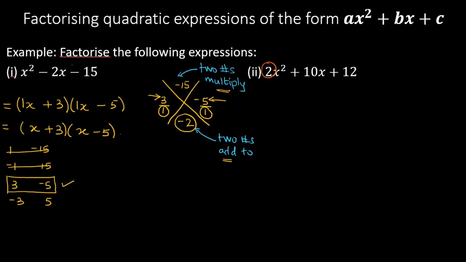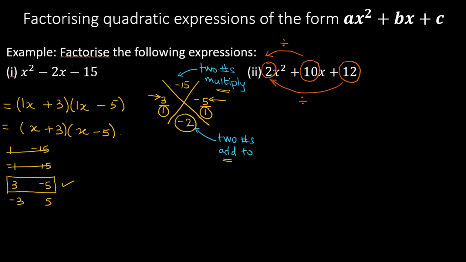In the second term, what is the coefficient? Positive 10. And the constant is simply positive 12. Right? If we observe carefully, the second coefficient, that is 10, is divisible by 2, and the third term, the constant, also is divisible by 2. Yes or no?